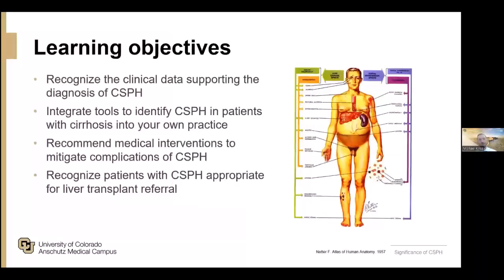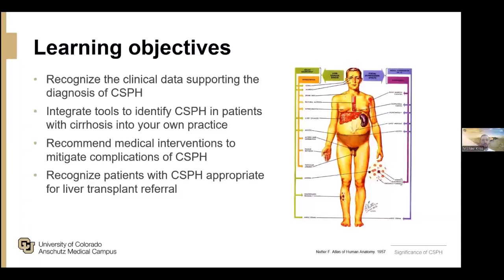Okay, so without further ado, I really want to focus on 4 pieces today regarding clinically significant portal hypertension. First, I want to recognize what's the clinical data that supports the significance of that diagnosis. Then I'm going to spend some time discussing tools that most of you may be using in your practice already to identify clinically significant portal hypertension.